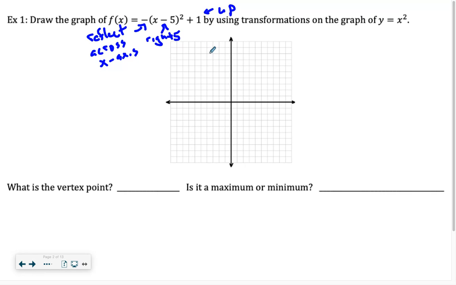So if I think about taking x squared, going right 5, I would end up over here. Then reflect across the x-axis, I'm going to end up something like this, and then go up 1. I'm going to end up with a parabola that looks something like this.